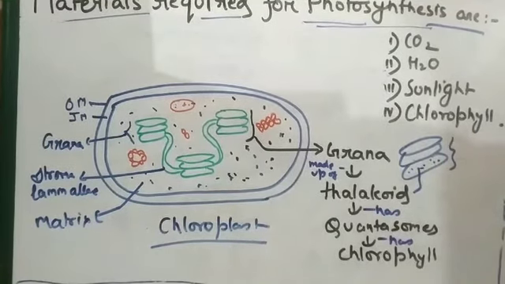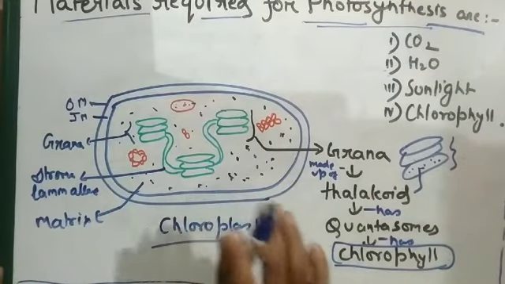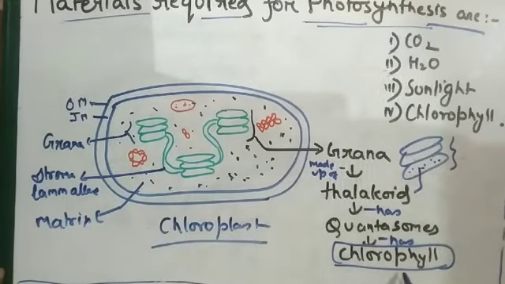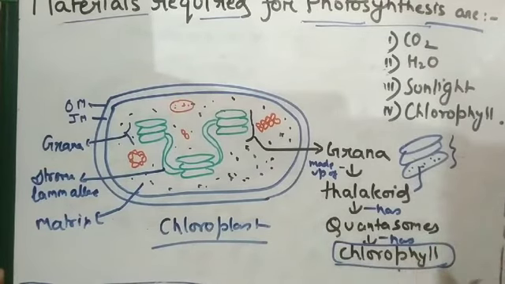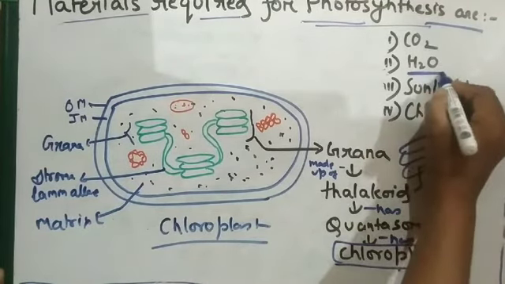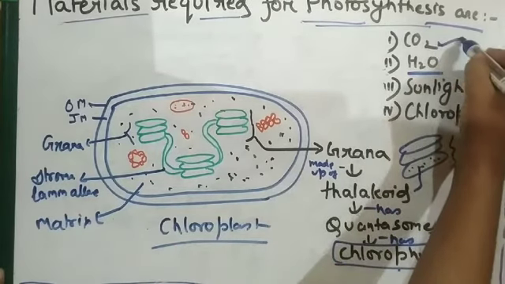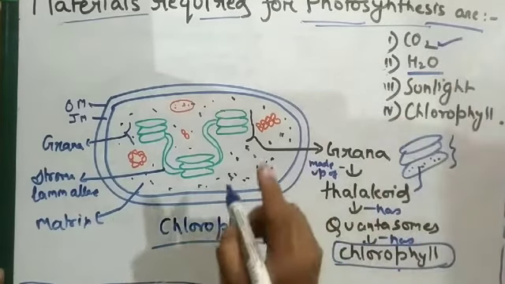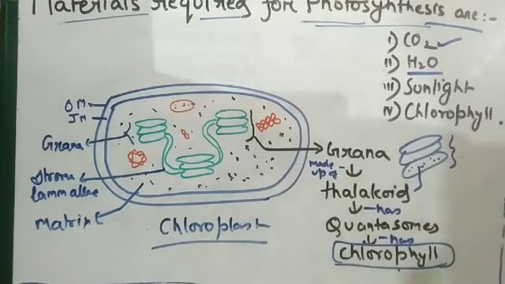We just simply need to understand that this chlorophyll molecule is present in the grana of the chloroplast. Very simple. Since we need the chlorophyll molecule to trap the sunlight energy, which helps in the splitting of water molecules so that hydrogen can bind with the carbon dioxide and our required product, the glucose, can form.